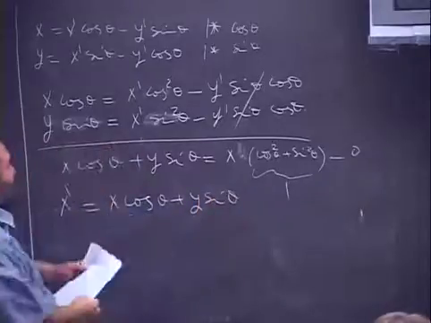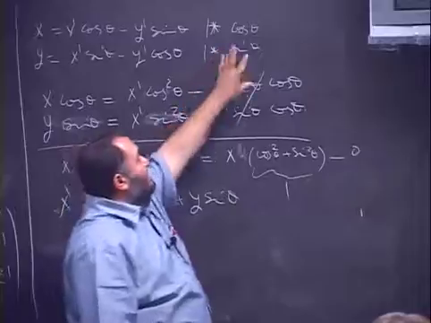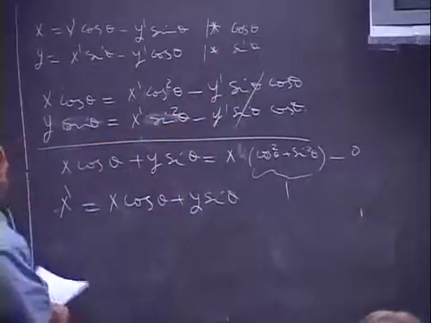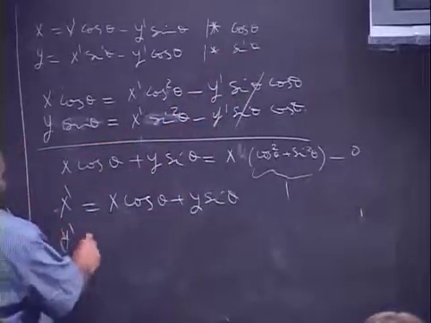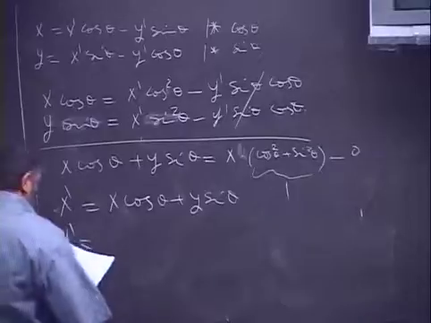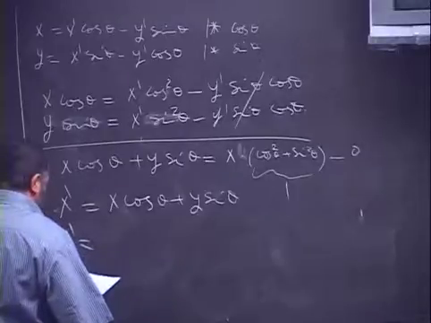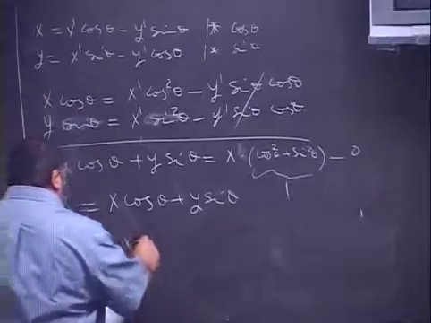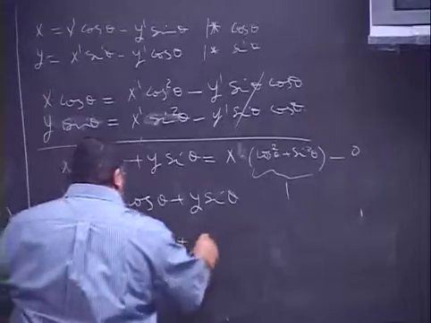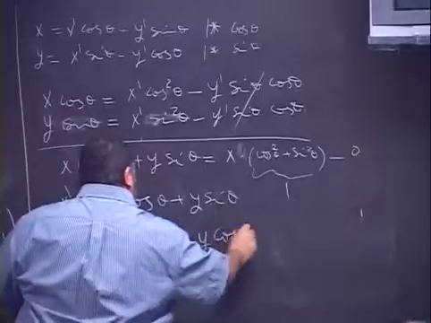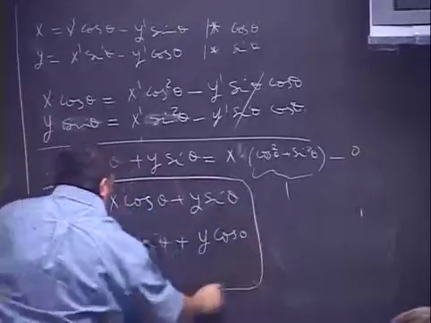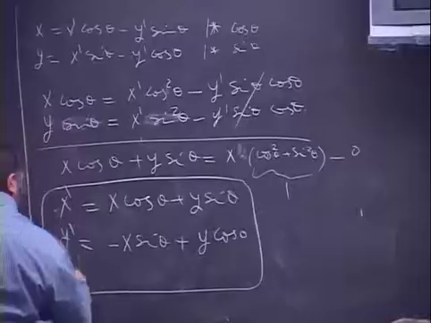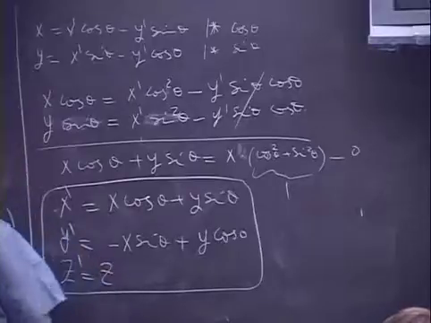If you do the same, but instead of multiplying by cosine and sine you switch, you will be able to solve for y prime. And this will be equal to what, y prime? What do you think? Negative x sine theta plus y cosine theta. And of course we will have z prime equal to what? Z, there is no change.